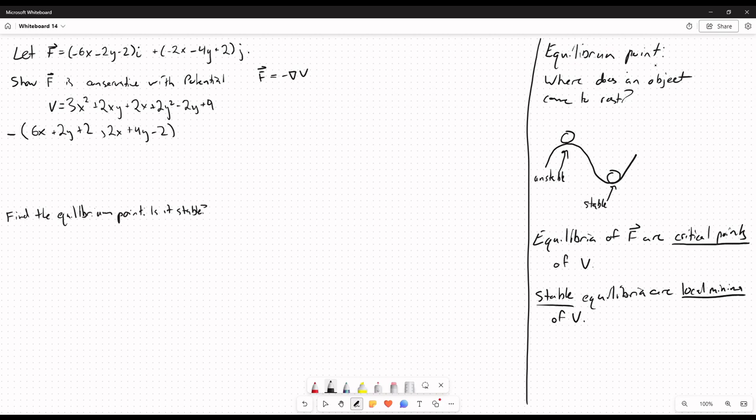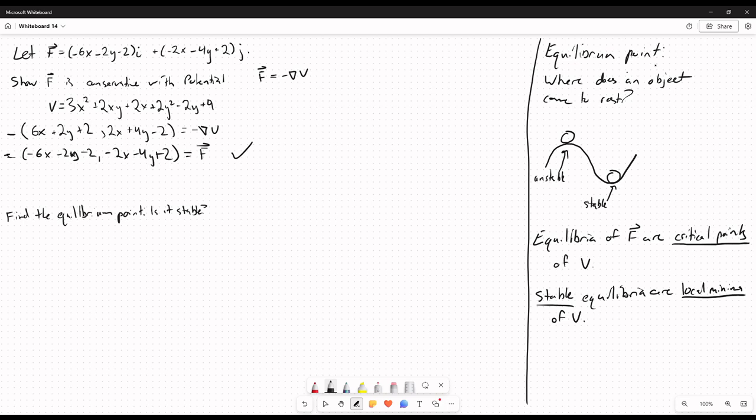Distributing that negative sign, the negative gradient of V is going to be (-6x - 2y - 2)i + (-2x - 4y + 2)j. And that is exactly what F equals. So we've shown that F is conservative with potential function V because the negative gradient of V equals F.